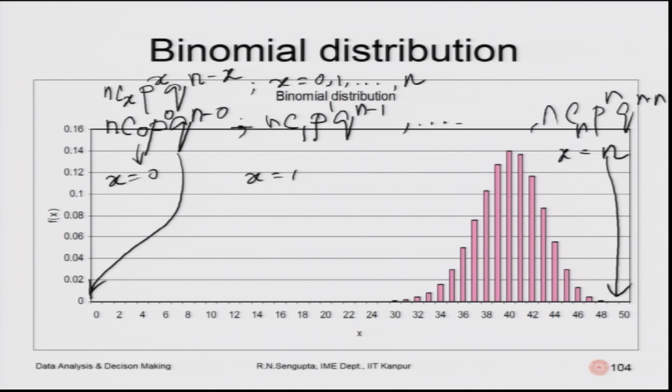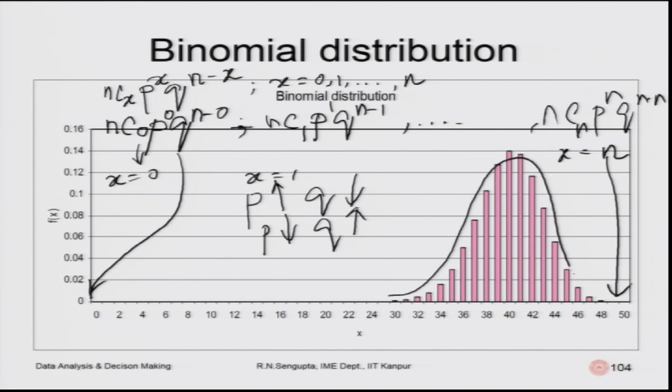Now, remember, if you increase p, correspondingly q would decrease, or if you decrease p, q would increase. In that case the distribution which you see here would shift here or here depending on the value. So, it is just a shift.